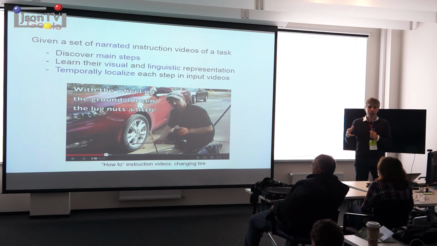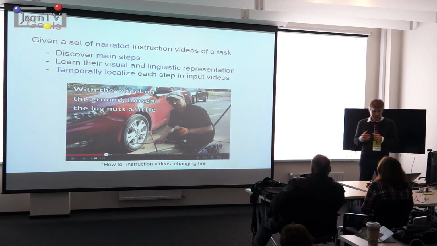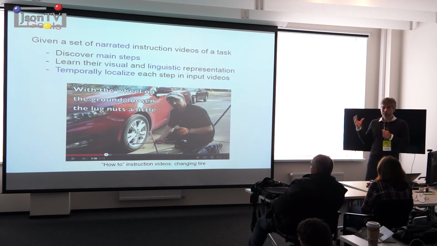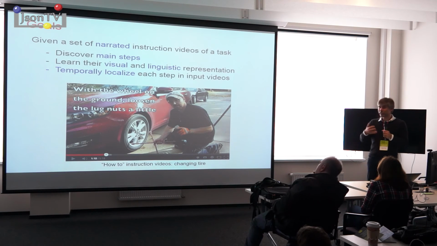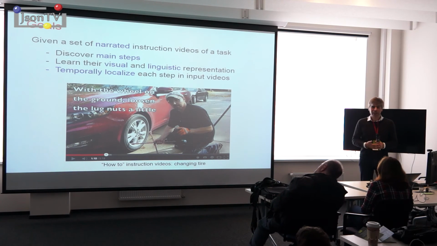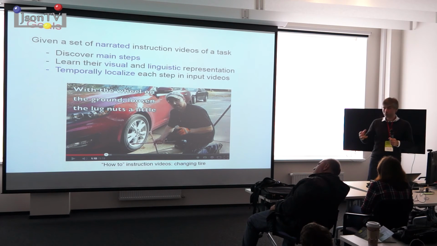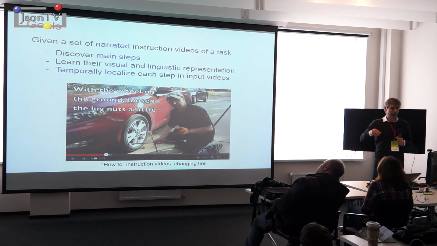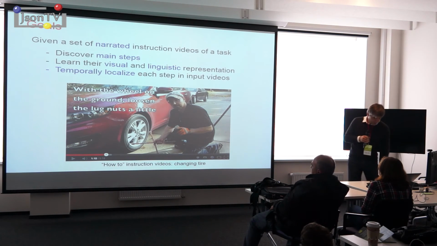And now I want the computer to learn what are the main steps of changing a car tire. And the task is not just visual, it's also text, because people narrate. This helps us, so people tell, okay, now I'm doing this, this, this. And if you have 50 videos of this type, because they will be redundant, you will search for redundancy in images and in the text, and you will be able to learn it.